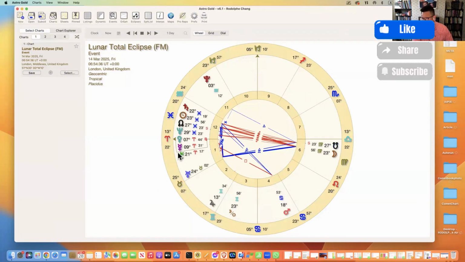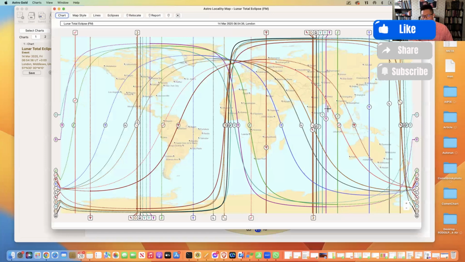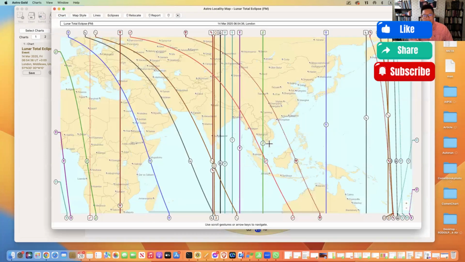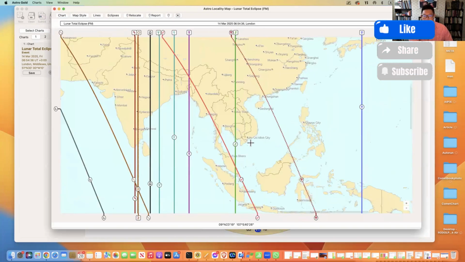Okay, this chart is still based on London, but with the concept of astrocartography, I will know where the planet is on the angle. So let us focus on Asia, the same area.